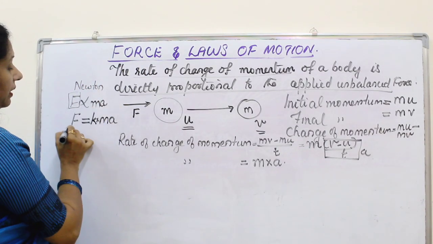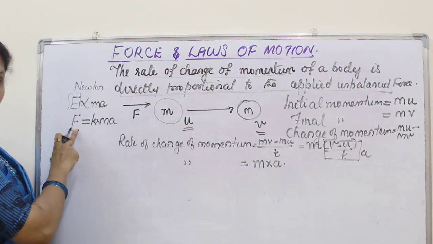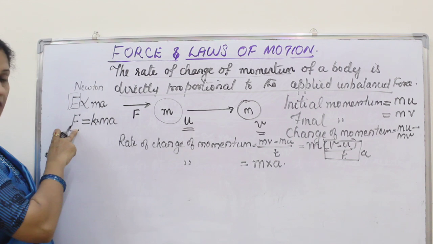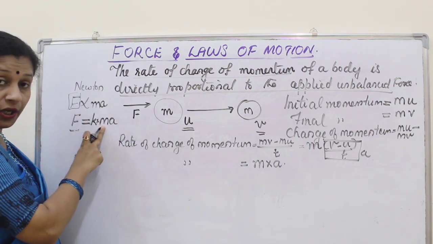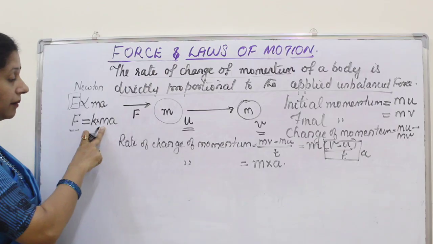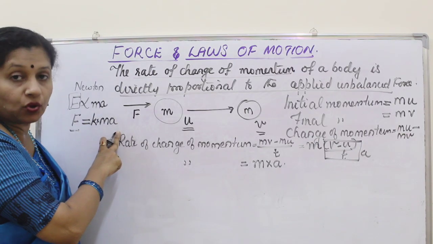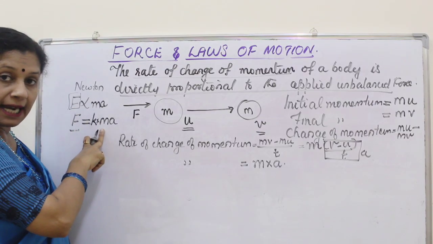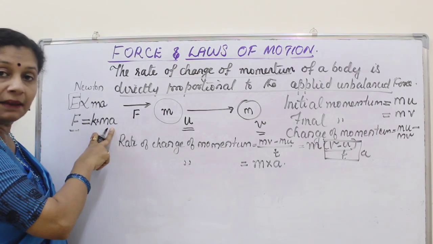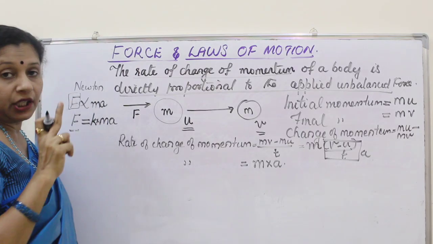So how will you define 1 Newton of force? 1 Newton of force is defined as the force which, when acting on a body of mass 1 kilogram, can accelerate it at 1 meter per second square. So the force which can act on a body of mass m and give it an acceleration of 1 meter per second square, that is called 1 Newton.